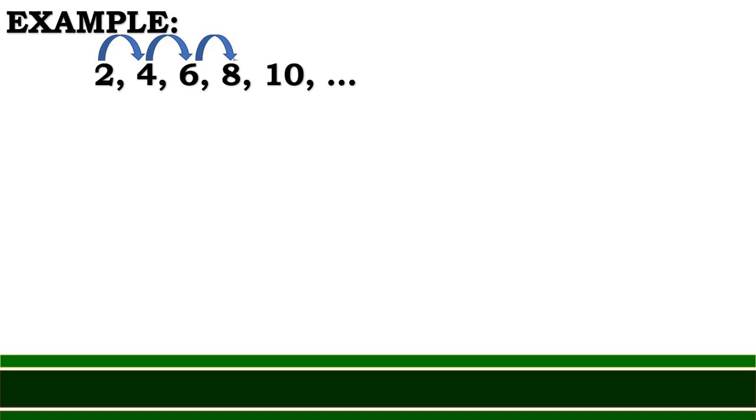Another example. Let's say you have here a sequence 2, 4, 6, 8, 10, so on and so forth. So una, check natin yung pattern. Kung ano ba yung naging pattern ng sequence na to. So as you observe, this sequence is increasing by 2. Okay?